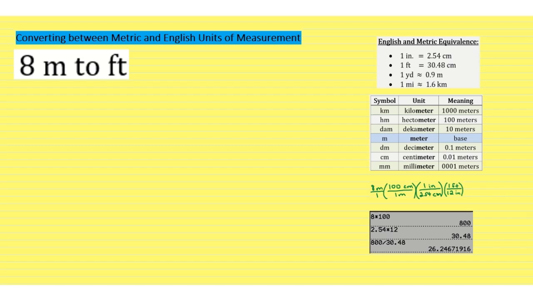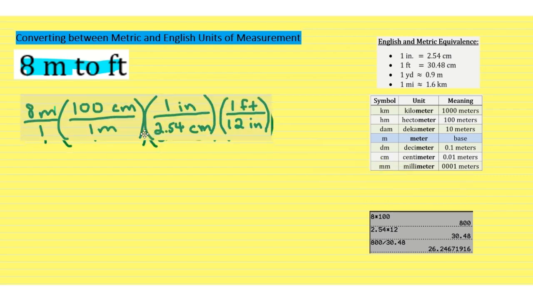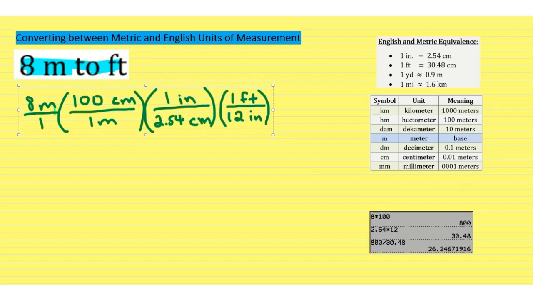Okay, now we will be converting 8 meters to feet. Okay, so the first thing we want to eliminate are the meters. So let's go ahead and set this up. I want to eliminate meters.